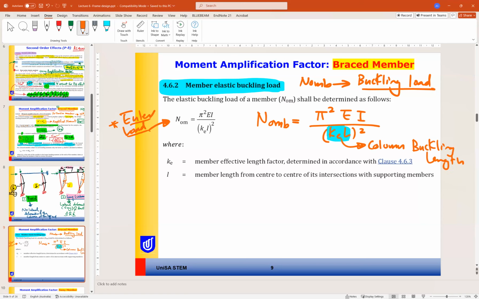Okay, so we can easily find NOMB if we know E, Young's modulus of steel, and I, the inertia of the member.